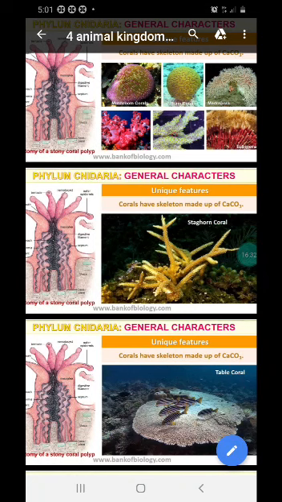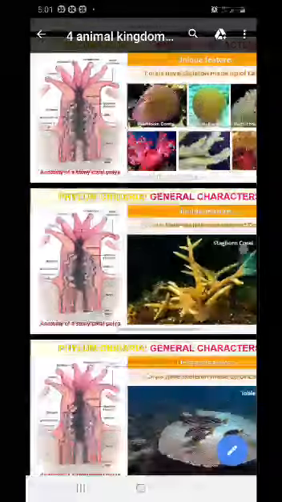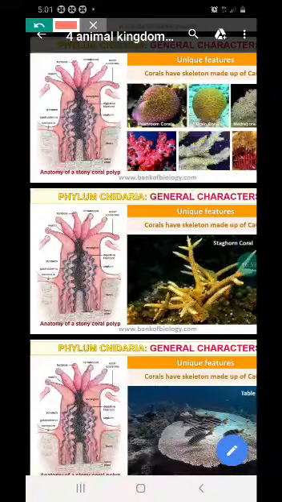These are some of the other examples of the cnidarians: corals, staghorn corals. All these are some other examples of the cnidarians. Right? You can have a look at this. And calcium carbonate.